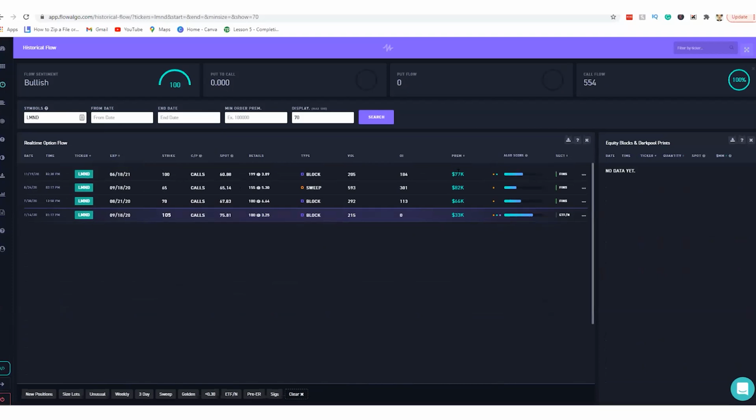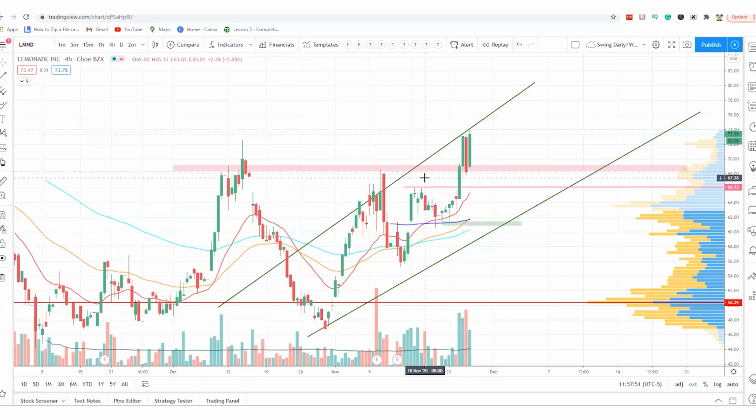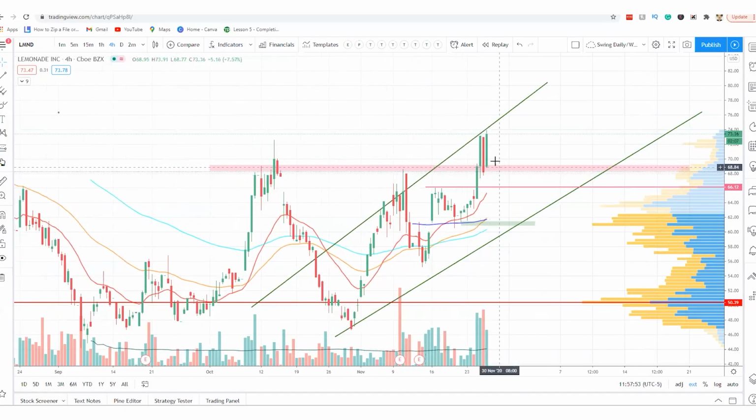Someone didn't put that much money down, but compared to the rest of this flow, there's not really too much over the past 70 days or so, right? So November 19th, someone wants to see Lemonade up to $100 by June. That's a pretty substantial bet considering we don't really see anything else. So we can confirm, you know what, this is going to be a good buy somewhere into this area. We're looking at these lower 70s if you didn't catch this breakout.